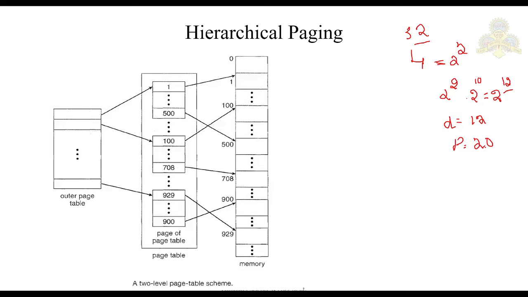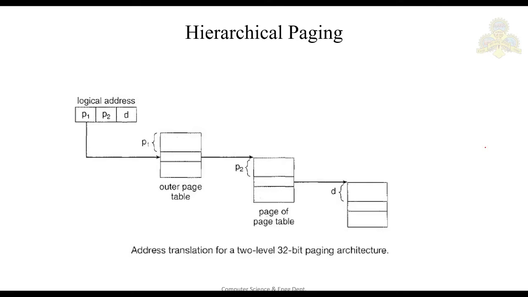So here in hierarchical paging, let me first take this example, this diagram. Suppose we assumed the system is of 32 bits. In the previous slide we saw the displacement would be 12, and 2 raised to 20 page numbers can be stored in your page table, that means p would be 20.